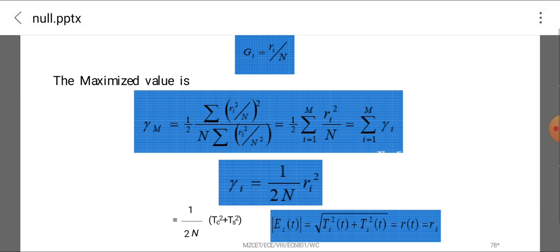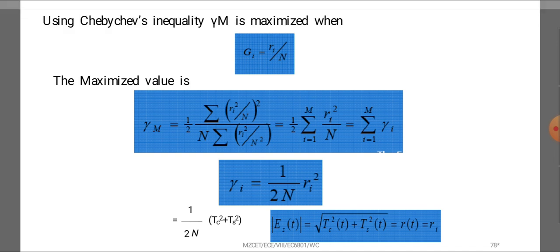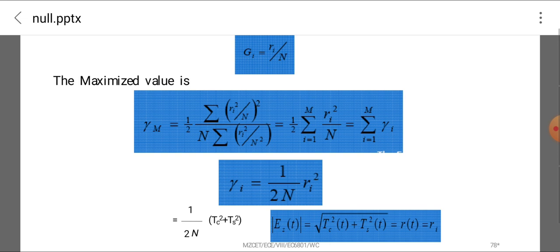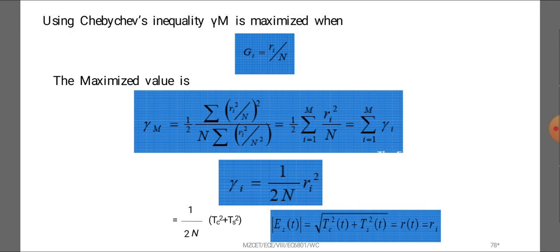So totally 1 by 2 summation of Ri squared by N, that is Ri squared by 2N, which is nothing but the signal to noise ratio, denoted by gamma i. So summation i equal to 1 to M gamma i. So gamma M, which is the signal to noise ratio at the detector output, is equal to the sum of the signal to noise ratios of the individual branches.